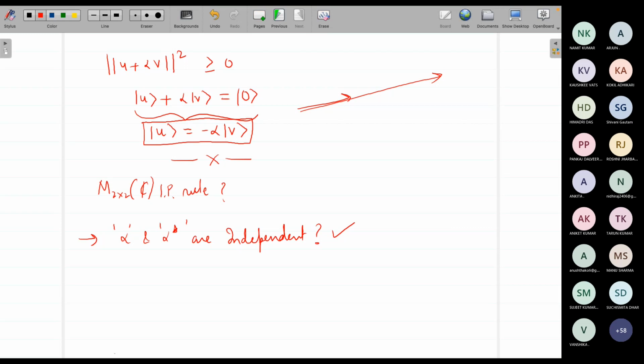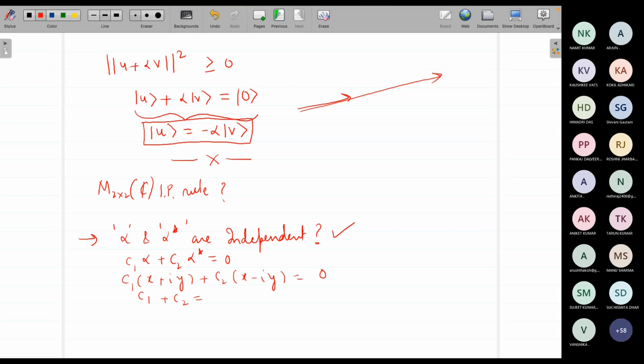The simplest way, you can always try: if you have any issues, always write it in terms of this and see what the coefficients will be. If C1 and C2 are identically zero, then of course alpha and alpha star can be treated as independent. This is the simplest. So let's do something like this: x plus iy. So C1 x here plus C2 x here.